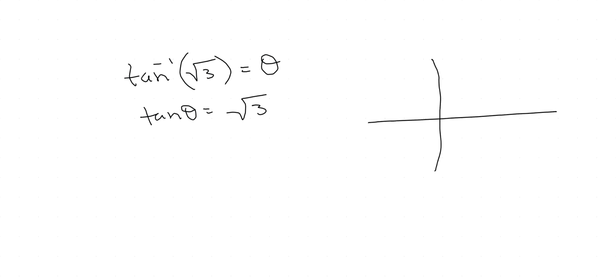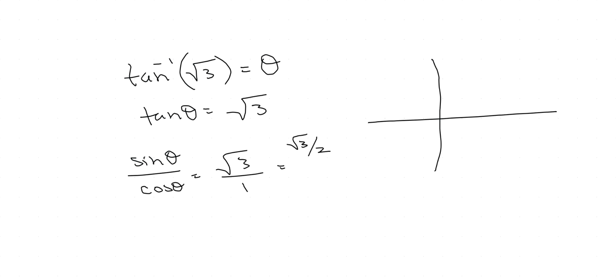That's the same thing as saying when is sine theta over cosine theta equal to root 3 over 1. So I want my sine to be root 3 over 2 and my cosine to be 1/2, because those are the things that are going to cancel. When is sine root 3 over 2 and cosine 1/2, like we just went over? That will be up here at this pi over 3 angle.